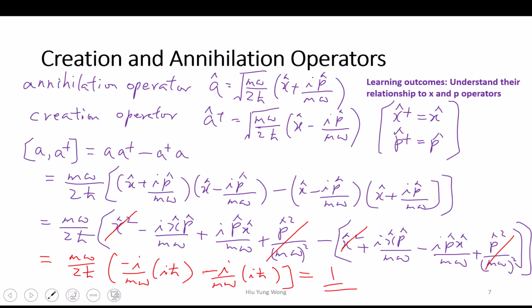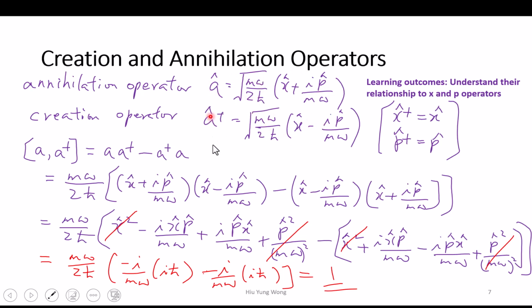Don't be too worried at first. Just agree, I have the right to define anything. Just trust me, I want to define it this way. A equals x hat plus i p hat, divided by m omega, times this constant. A dagger equals this.